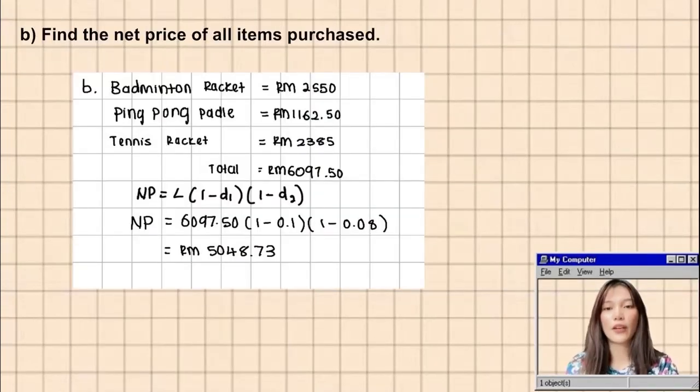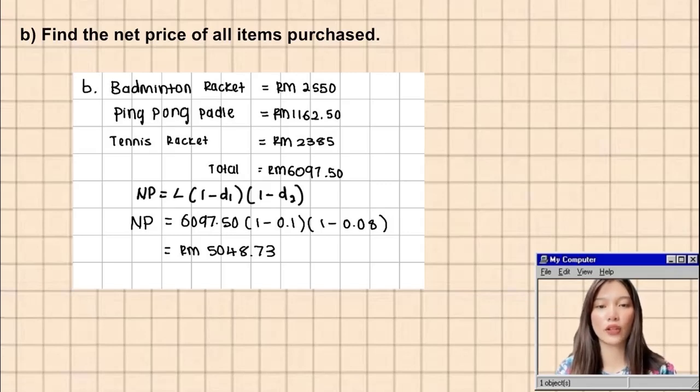Question B. Find the net price of all items purchased. Total of all the items is RM6097.50. The formula to calculate the net price is NP equals L open bracket 1 minus D1 close bracket open bracket 1 minus D2 close bracket.